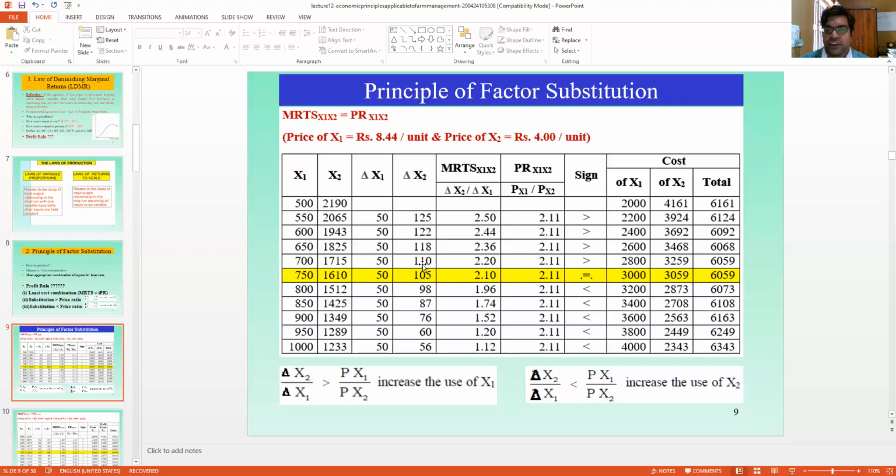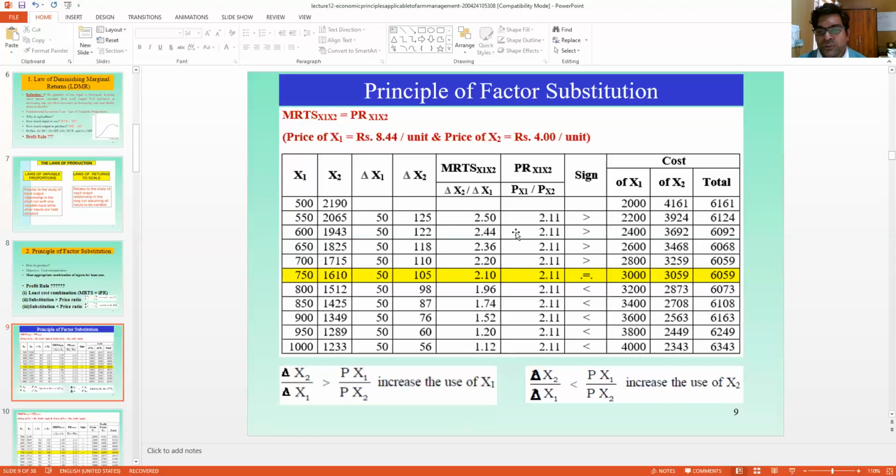Now for a change, instead of increasing x1, you take the same thing. MRTS is more than the price ratio. Now what we are doing is, we are increasing x2, right? So from 1825, the physical unit in x2 is increased to 1943, right?